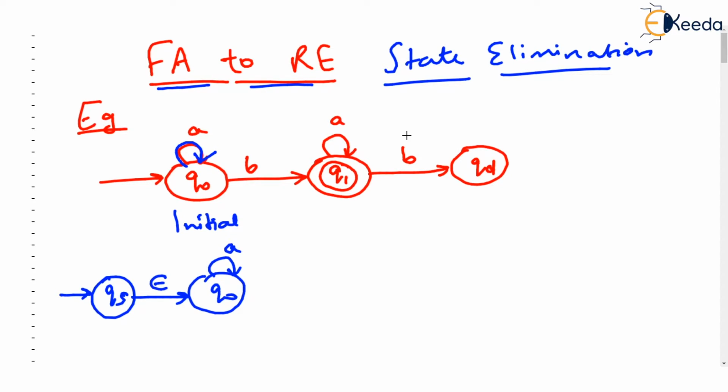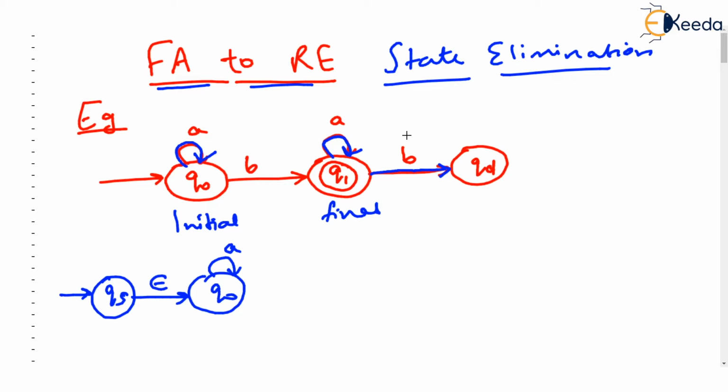Now the second rule we saw was: if the final state has any outgoing arrows. The final state clearly has an outgoing arrow from Q1 to QD, and one more outgoing arrow from Q1 to Q1, but still it is an outgoing arrow.